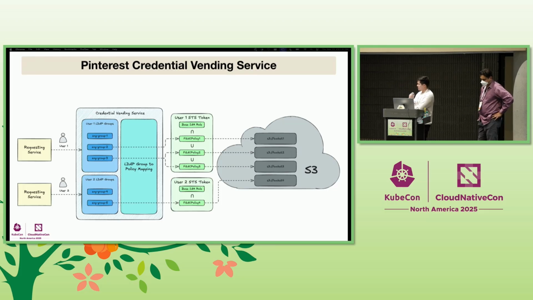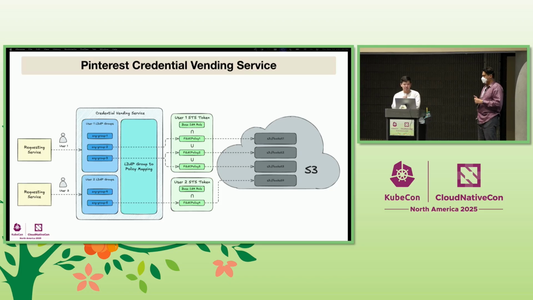What CVS does when it receives a request is it initiates an assume role request with AWS, and it passes in two key values. The first is the role ARN. This is the static IAM role, which has admin-like privileges to all of Pinterest S3 data. The second is a policy ARN. This is a session policy for the group.